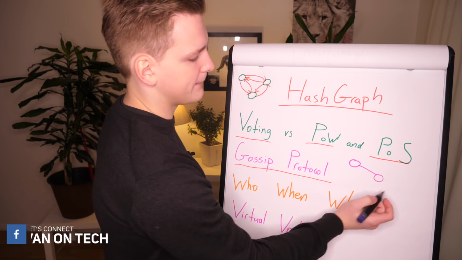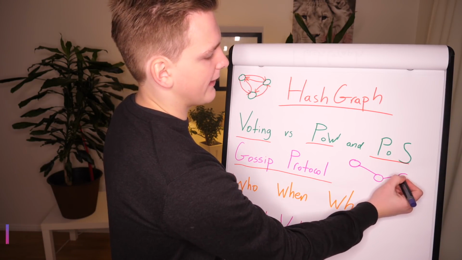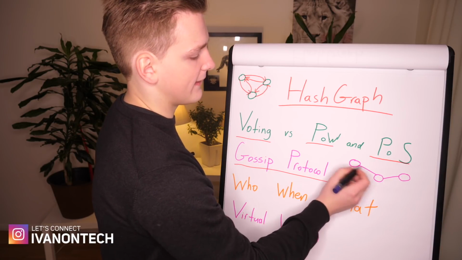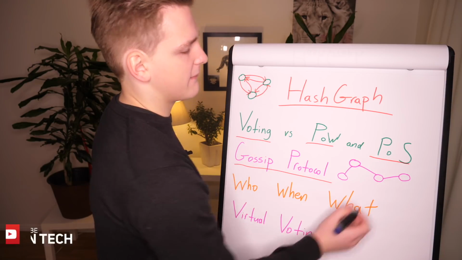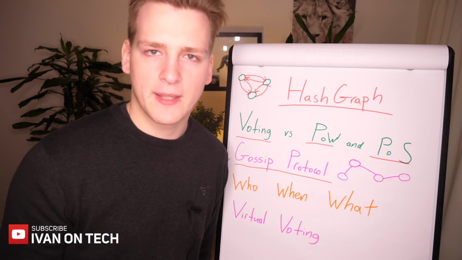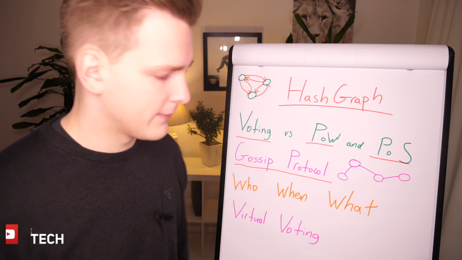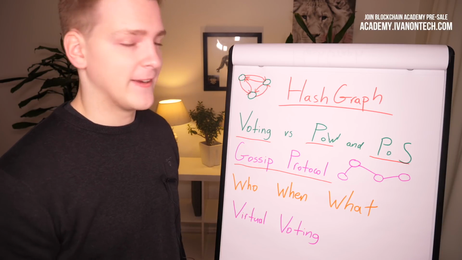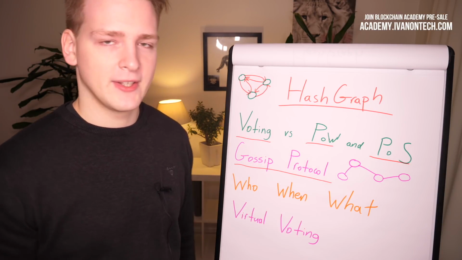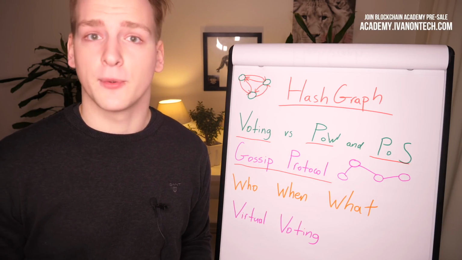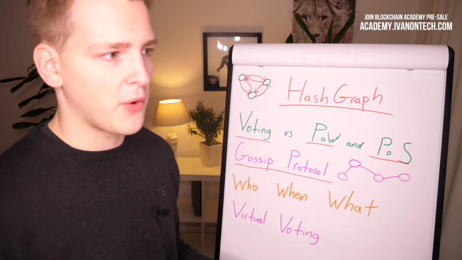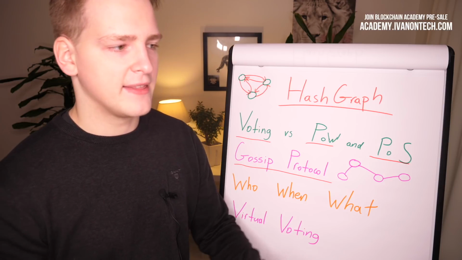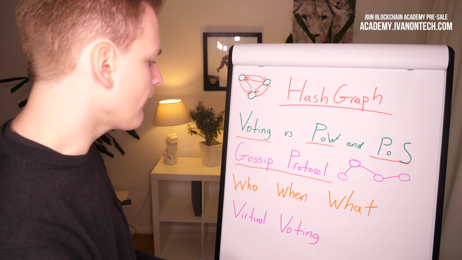Now this node will pick another node and tell them everything they know. And then I will pick some other node and tell everything I know again, maybe. So everyone is just randomly picking a neighbor and telling them everything they know. This means that eventually all the nodes in the network will get the information. Because if everyone just picks a random neighbor and tells them everything they know, mathematically this will converge and the information will spread.